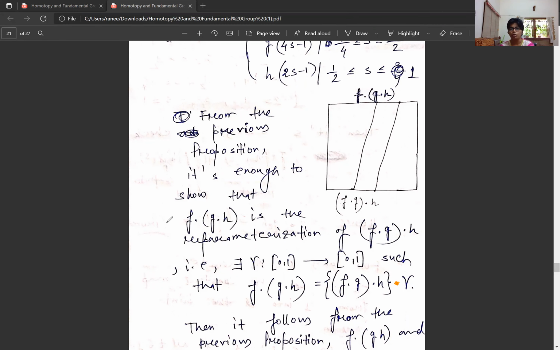The bottom of the picture is representing F product G, and then the product with H. So look at this first half. In the first half I'm going along the path which is FG. This path is traversed by FG, and this path is traversed by H, right? And the other way around for this one.